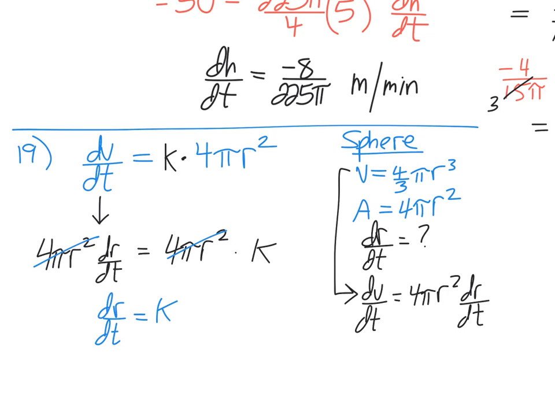And since they were asking us again, show that under these circumstances, the droplet's radius increases at a constant rate. Radius, rate of change of the radius, constant. So we can now assume that that is a true statement.